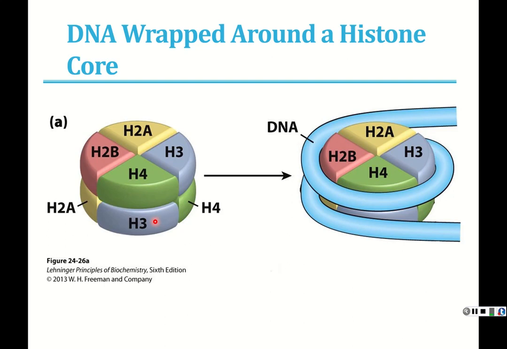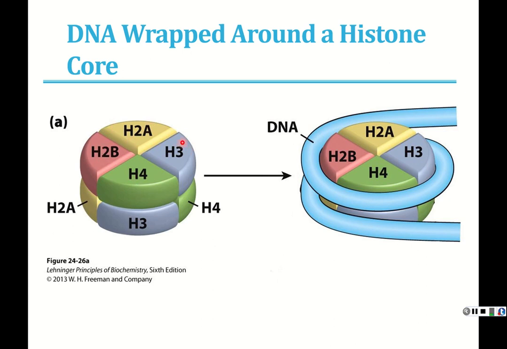Looking a little bit closer at the histone proteins, we have a dimer of a tetramer, if that makes sense. There are 8 separate histone proteins. I should say 4 separate histone proteins, and you have 2 copies of them. They're referred to here as H2A and H2B, H3 and H4.